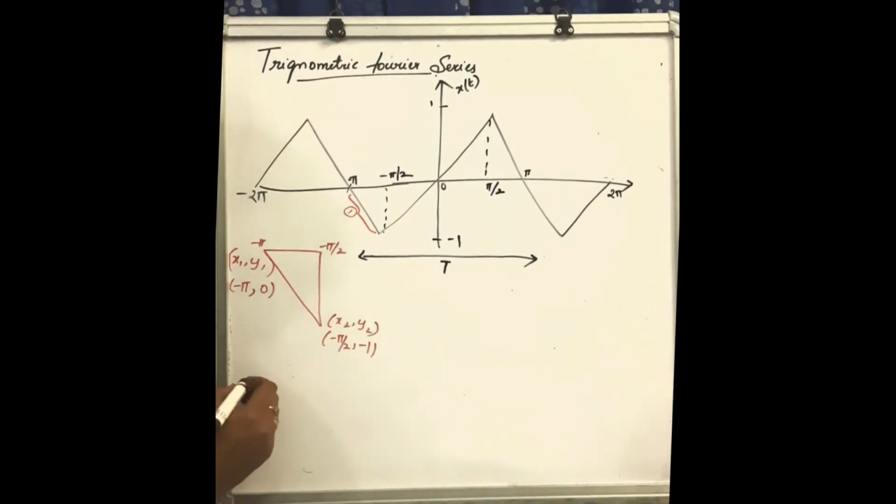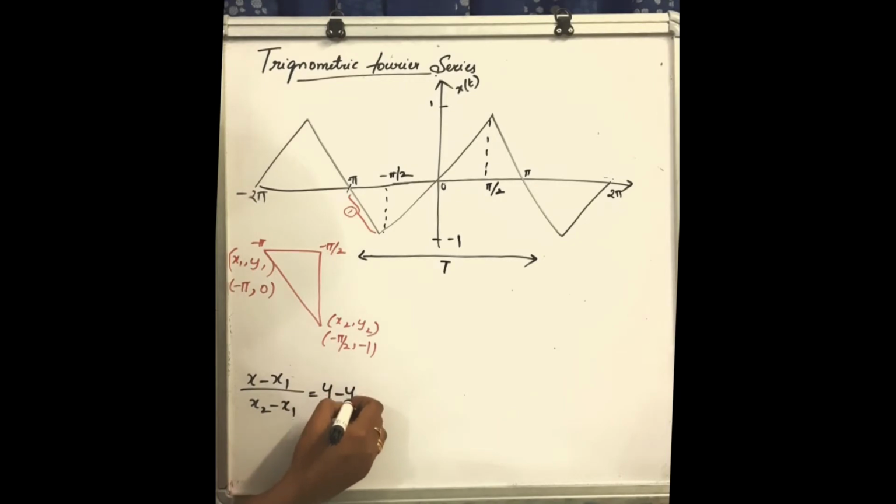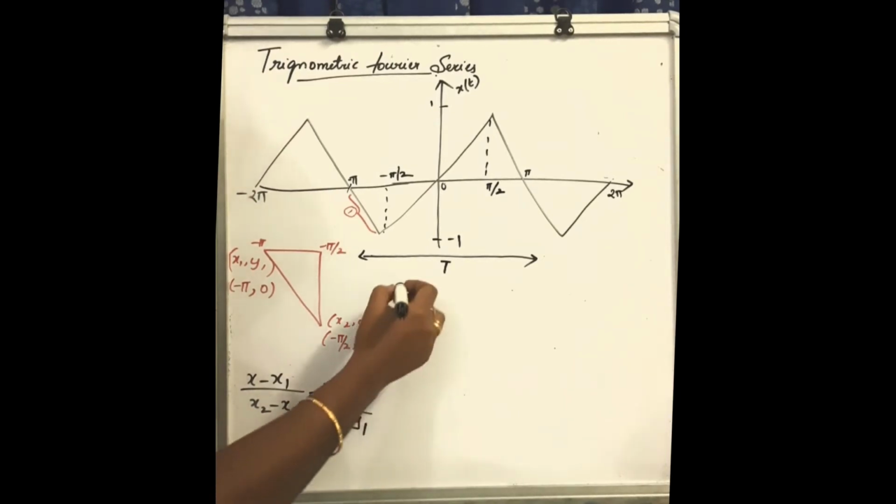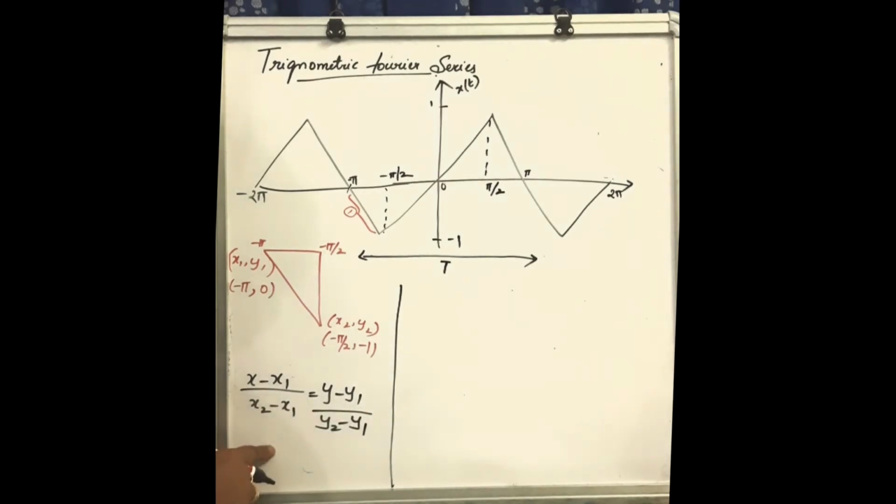The formula is x minus x1 by x2 minus x1 is equal to y minus y1 by y2 minus y1. This is the equation for a straight line.